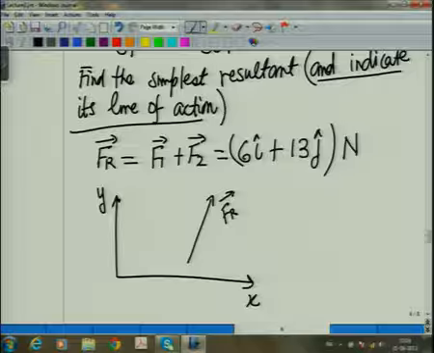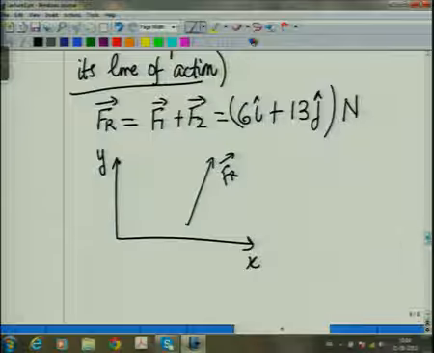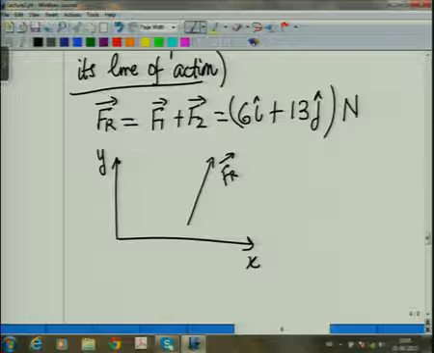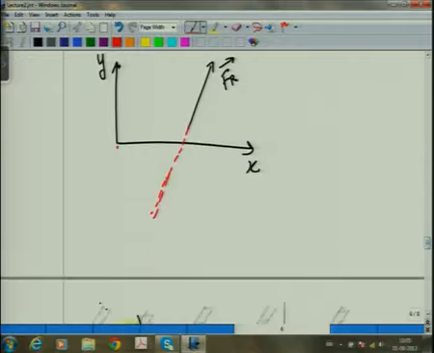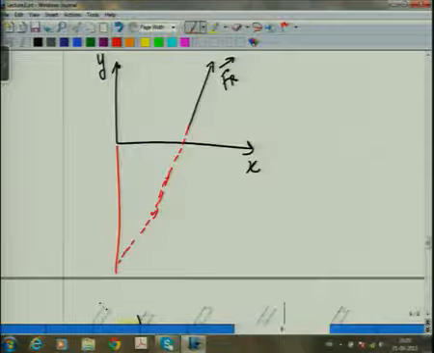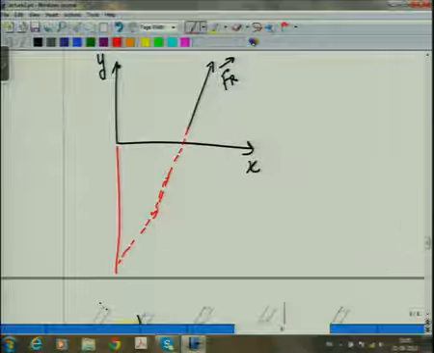Now, because this is a force with a directed line, it is going to act along its line, and if I extend its line of action, since the final answer is only Fr, its line of action is fixed. It is along the line acting along Fr.